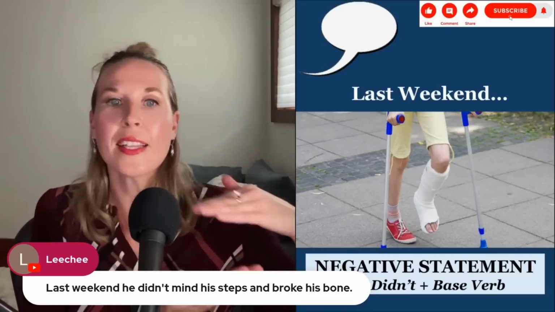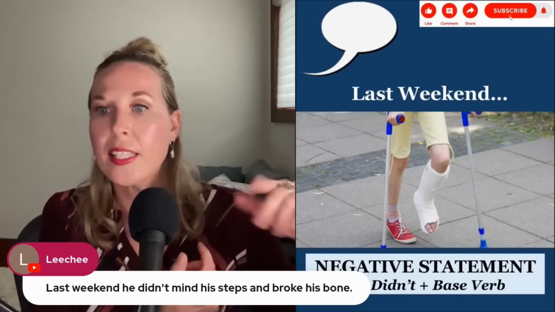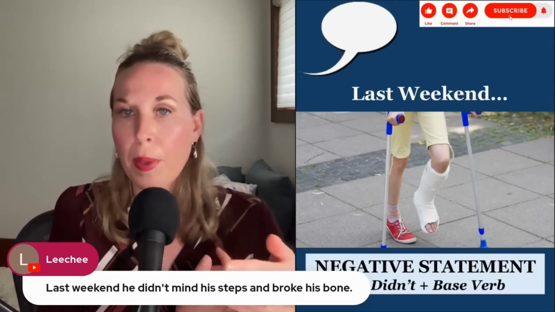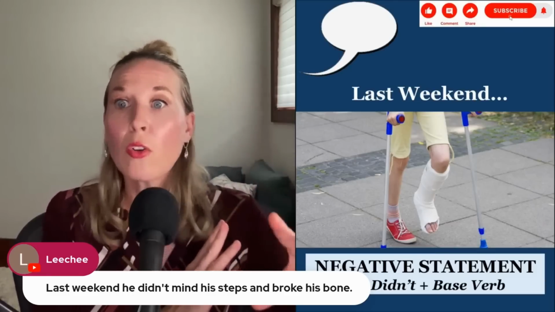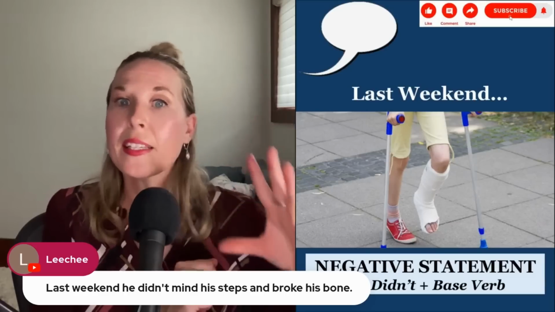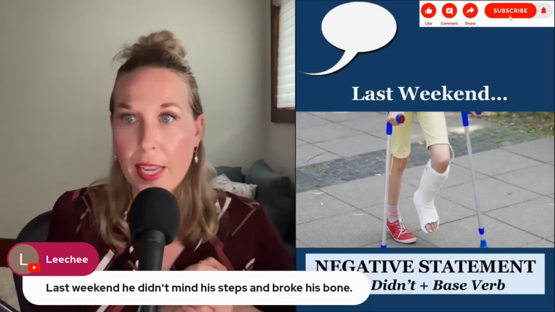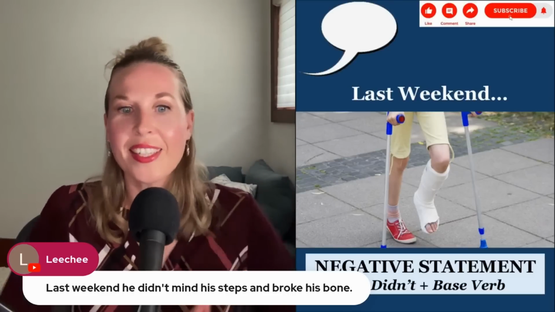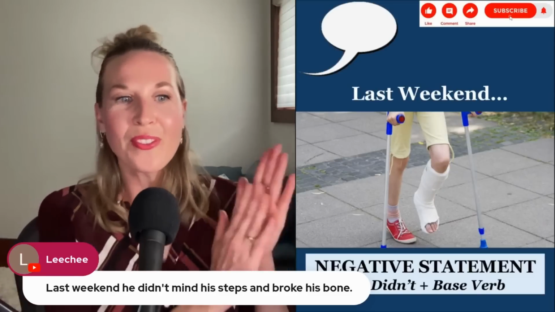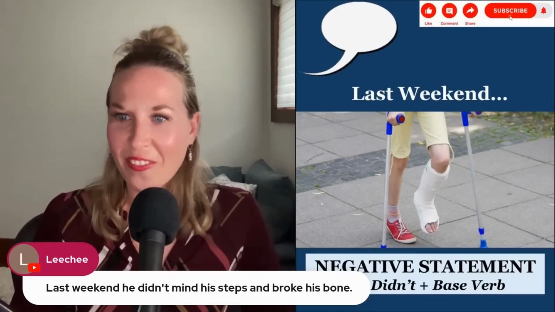So if there is an uneven surface, there might be a sign that says, mind the step. So it means be careful with the steps. Pay attention to the steps. Be cautious of the steps. Last weekend, he didn't mind his steps and broke his bone. Very, very creative. I like it.